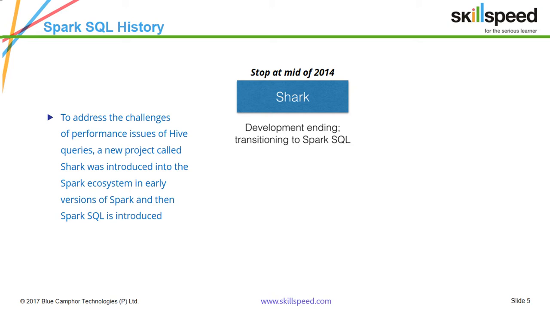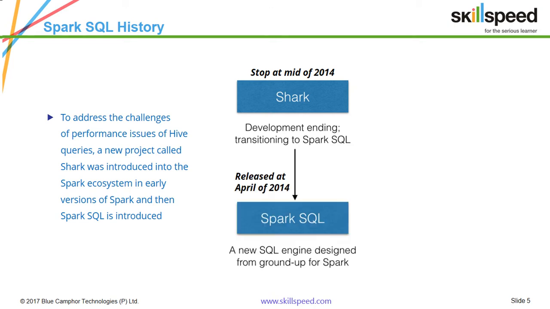And what happened over a period of time, somewhere in mid to end of 2014, this Shark project was transitioned into another name called SparkSQL. Now, SparkSQL is a new SQL engine which is designed from the ground up for Spark. And it's very simple.